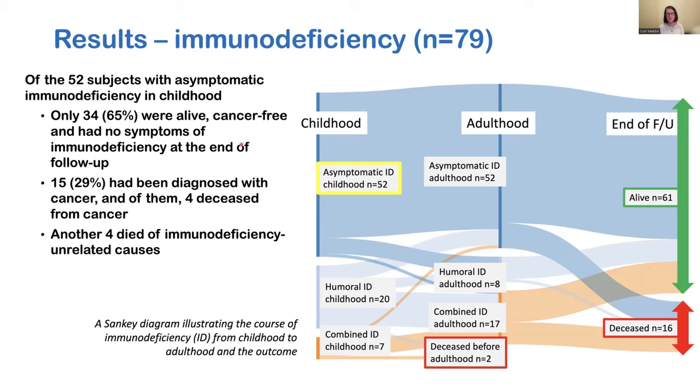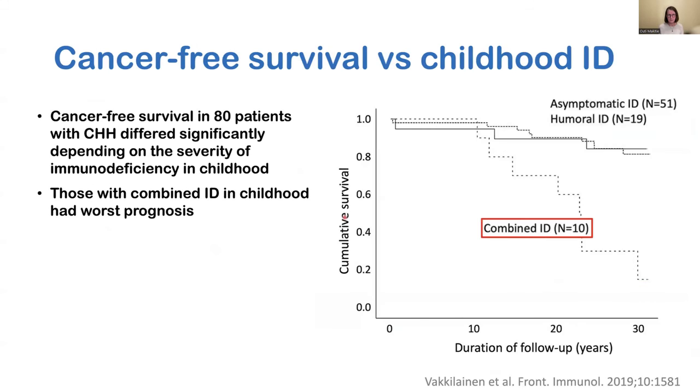Actually 15 of them had been diagnosed with cancer, and 4 of them had already deceased from their disease. Then 4 others had died of immune deficiency unrelated causes. So even for those with asymptomatic immune deficiency in childhood, the prognosis was really, really poor.